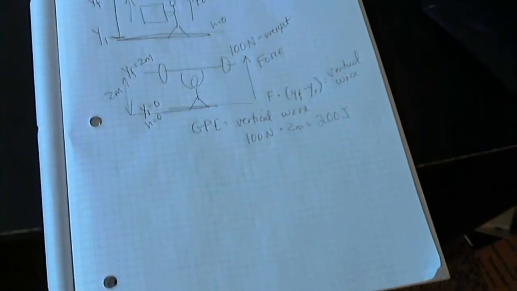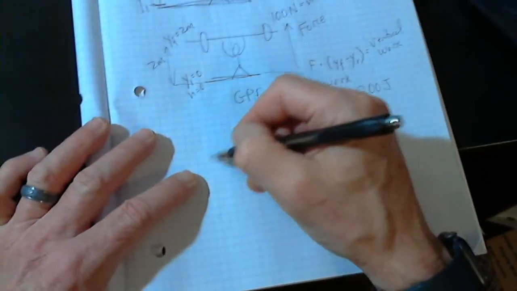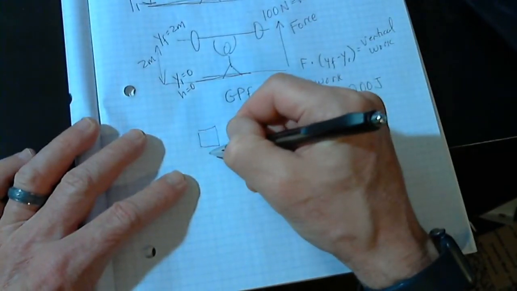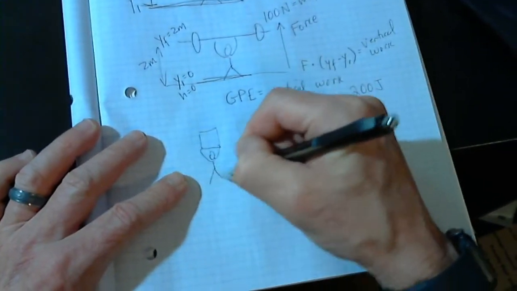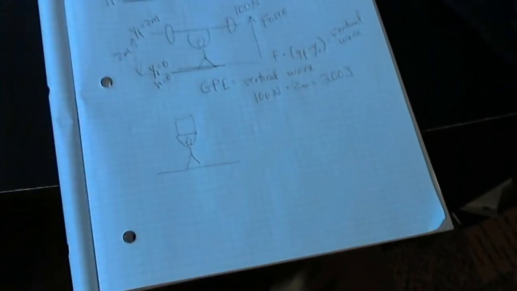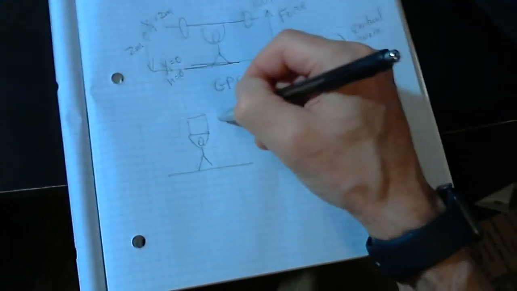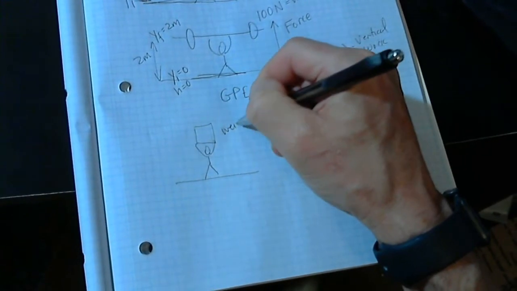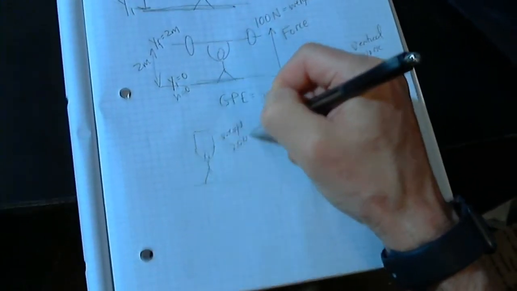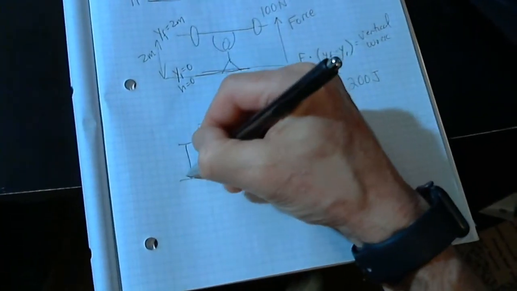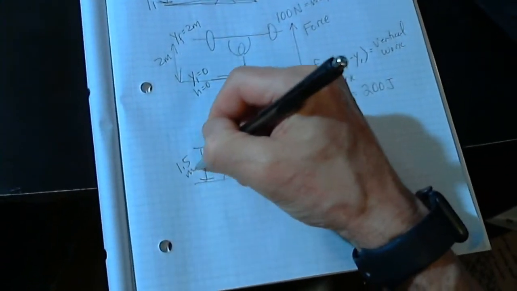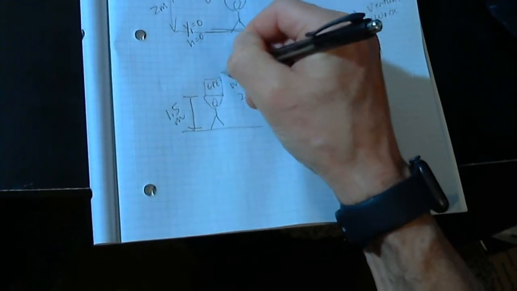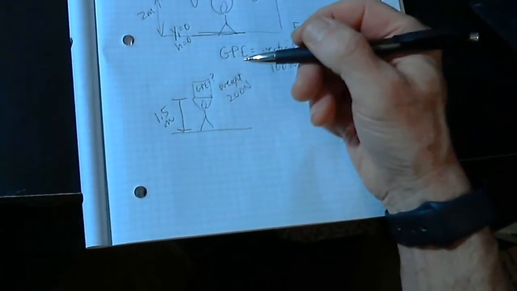Okay? Let's do another example. So maybe I lift this box over my head. Maybe this box has a weight of 200 newtons. And I lift it maybe 1.5 meters. I'm just thinking of my height. So how much GPE does this box have? Well, that's going to be the vertical work.